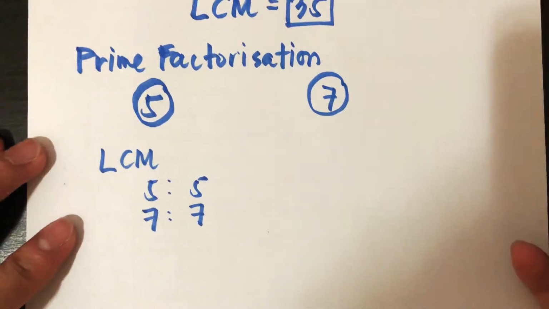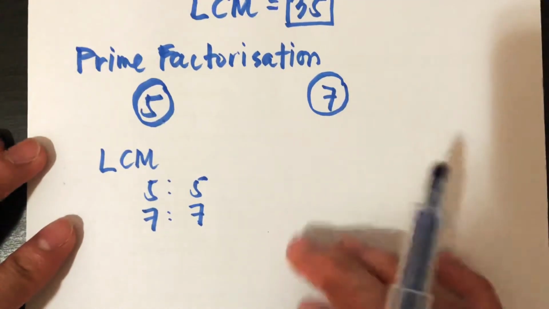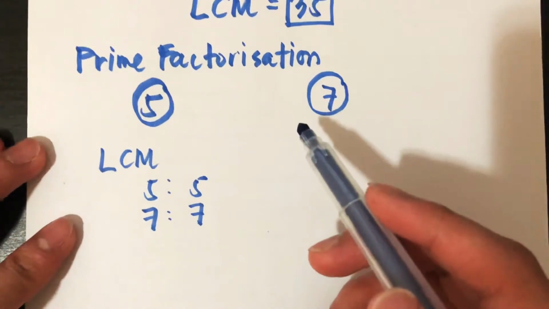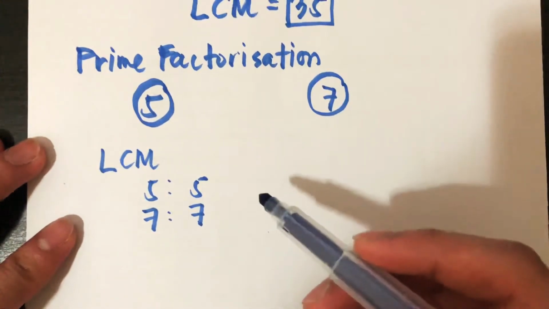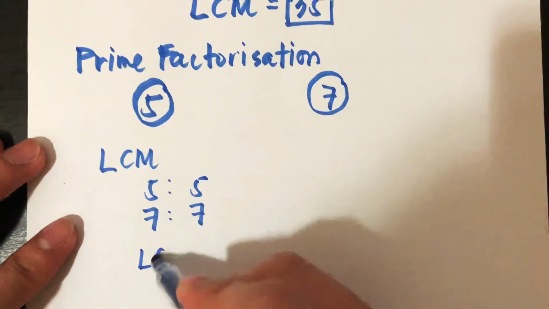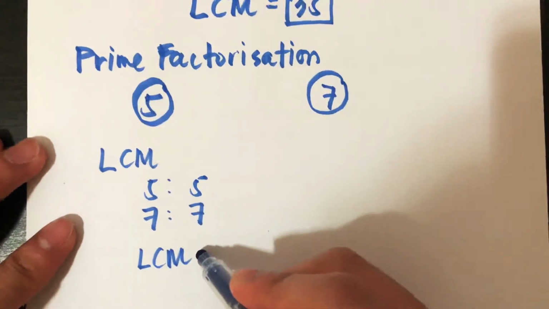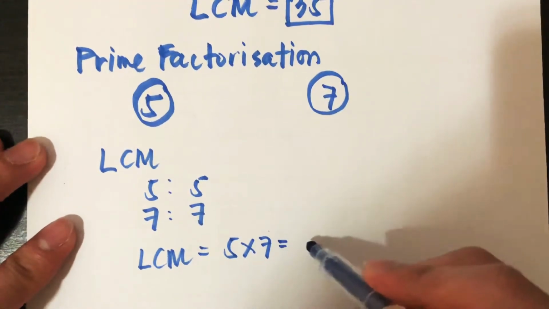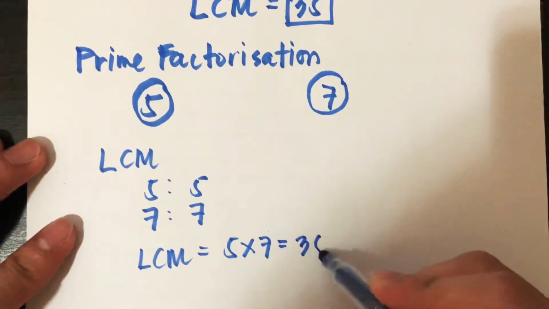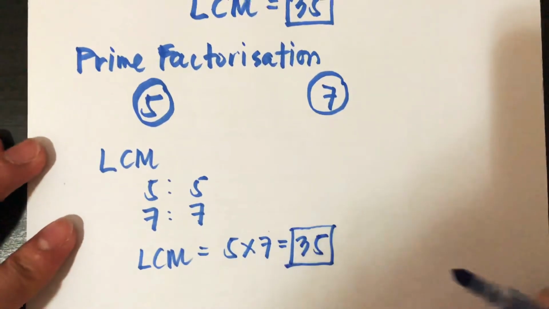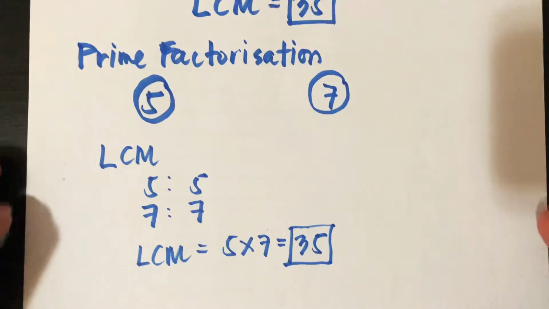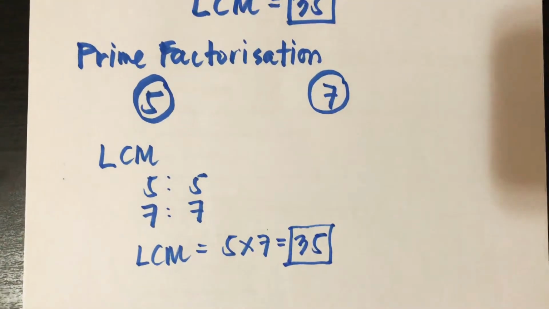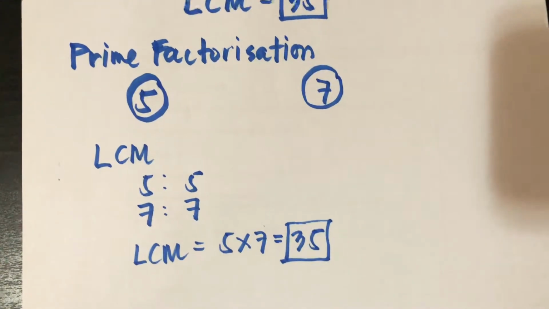Now we will not be appreciating this one here because these are both prime factors already, okay? But the LCM now for this is equal to 5 times 7, which is equal to 35, okay? Now, to appreciate how to use prime factorization in getting the LCM, let's go to our next problem now.